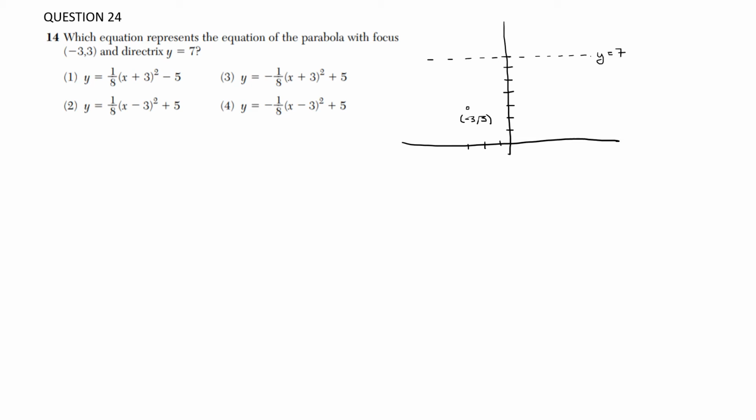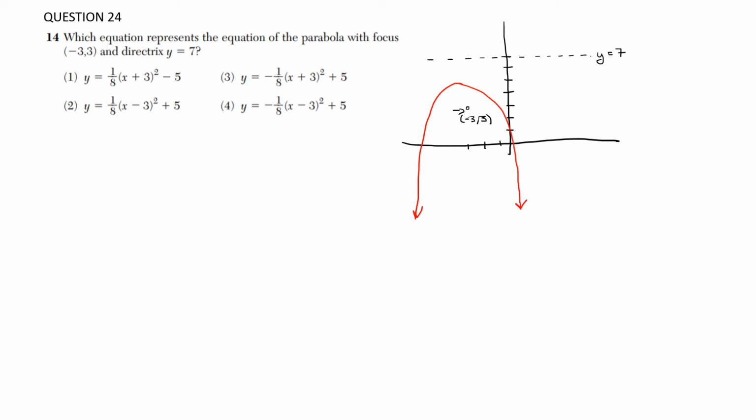Now, given our focus and directrix, we know that our focus, over here, has to lie inside the arc of the parabola, and our parabola should be facing away from our directrix, with its vertex halfway in between our focus and directrix. So our parabola should look something like this.